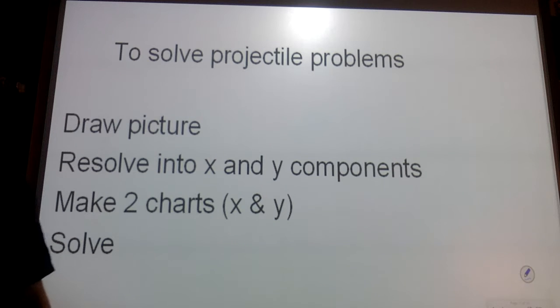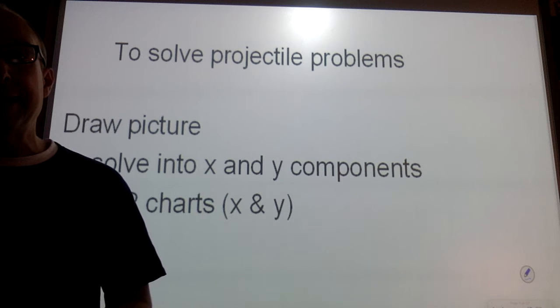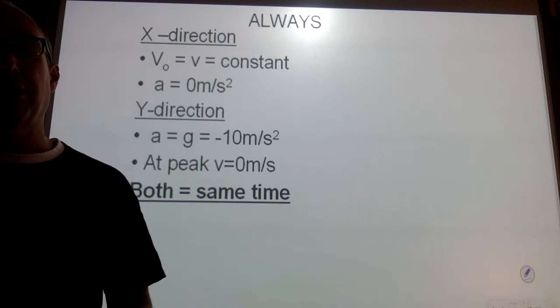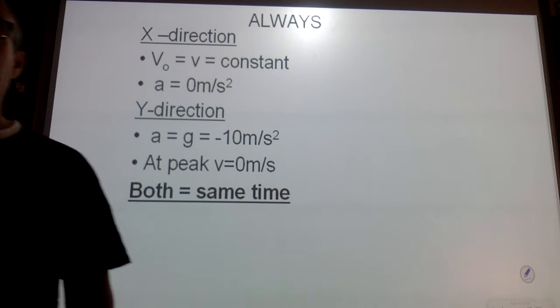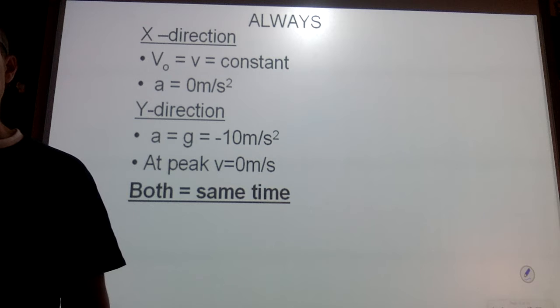All right, so to solve these problems, the big step is to have two charts. So we're going to have an X direction chart and a Y direction chart. And again, our equations will be the same because our equations work for a constant acceleration. And gravity is constant acceleration, and then in the X direction, 0 is constant acceleration. So in the X direction, your initial and your final velocities are always the same because you have no acceleration.